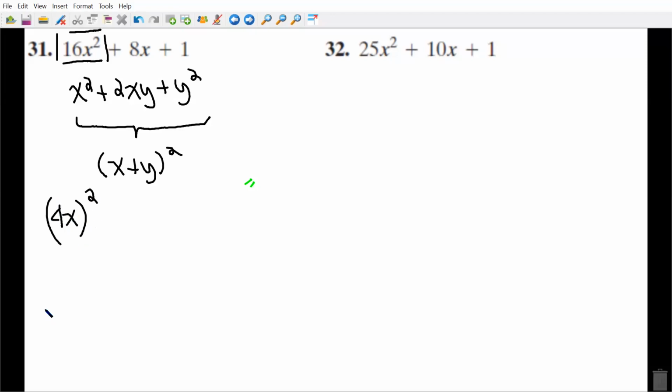Yes. And then plus 2 times the first term, and the first term is 4x. Yes, teacher. And the last term is what? 1. 1 squared, plus the last term squared.